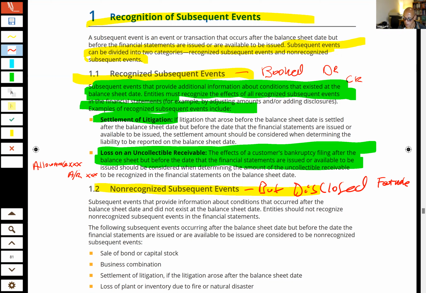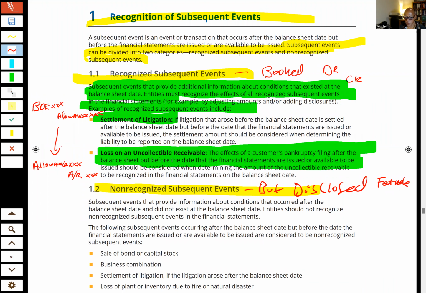Now, when I debit the allowance, does the allowance balance go up or down? It should go down. When I set up the allowance, I debit bad debt expense and I credit the allowance, right? When I write it off, I debit the allowance and I credit the accounts receivable, thus reducing the balance in the allowance, right?